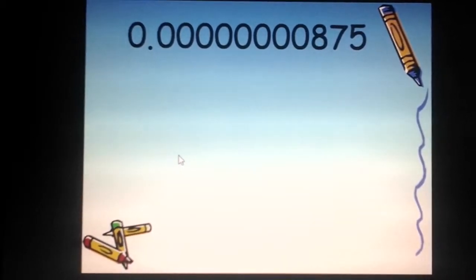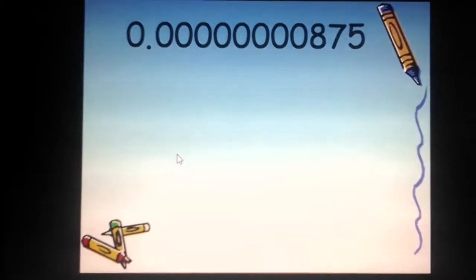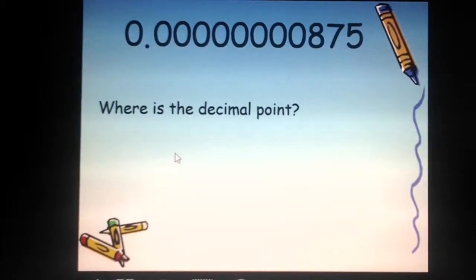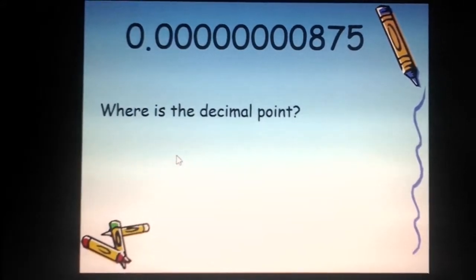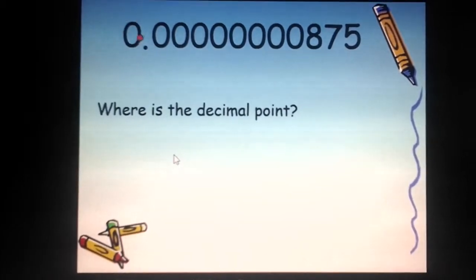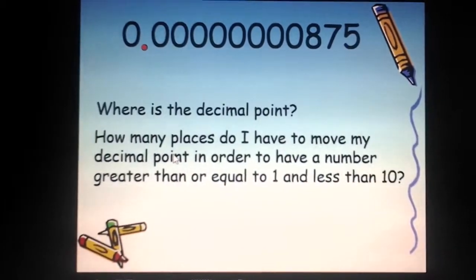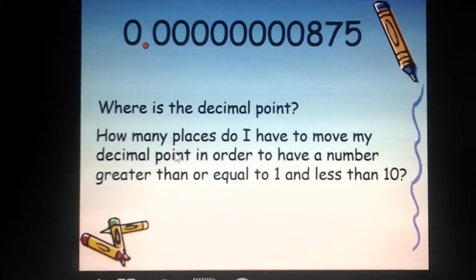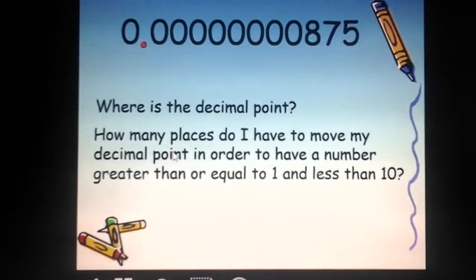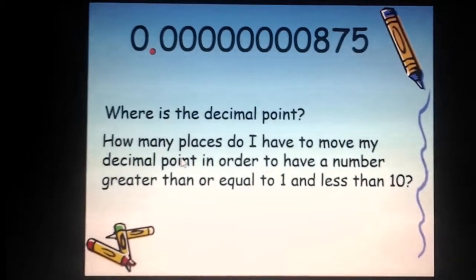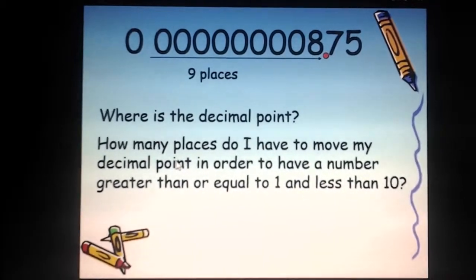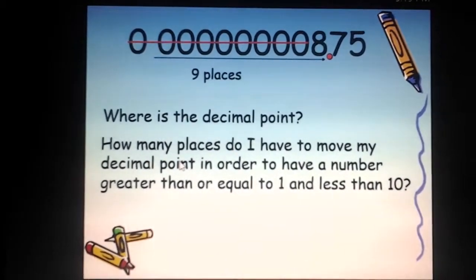Ooh, very small number. Don't be confused. Decimal point. Where is it? Where do I need to put it in order to have this in correct scientific notation? That's right, in between the 8 and the 7.